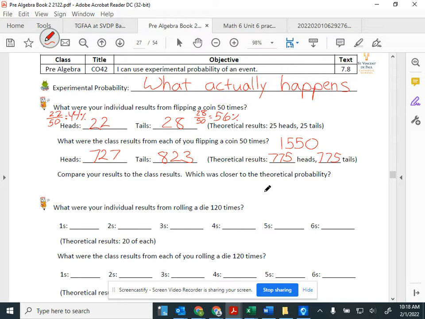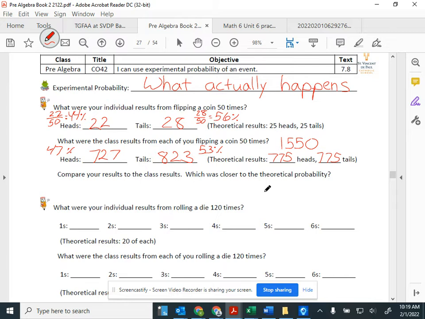So what is 727 out of 1,550? Maddie? It's 90. No, it's not 94%. 47%. Because, Maddie, you have to do 727 divided by 1,550. Briggs, what was it? 47%. And so what would the tails be? 53%.